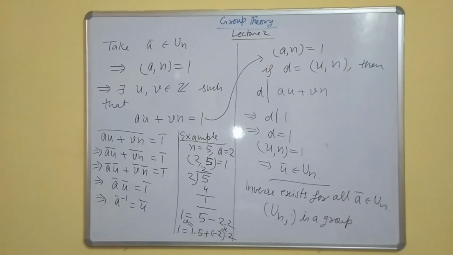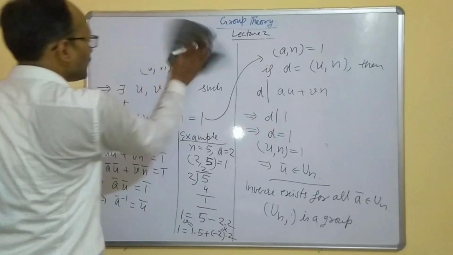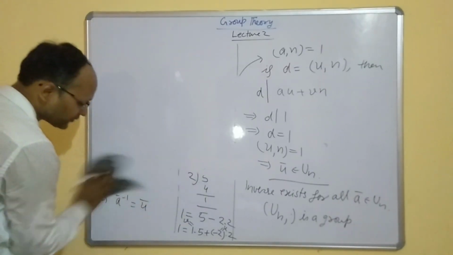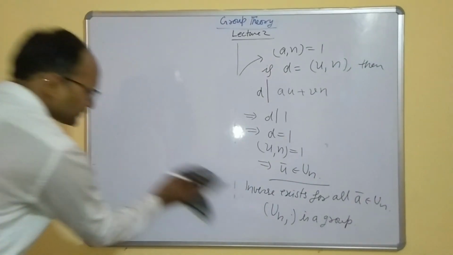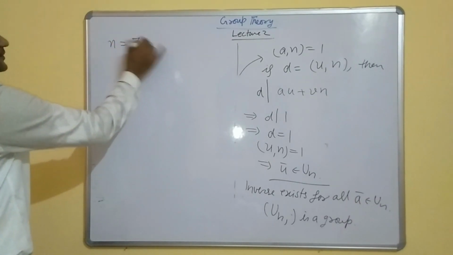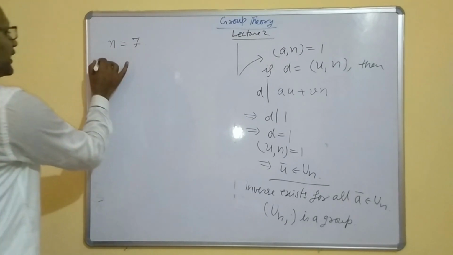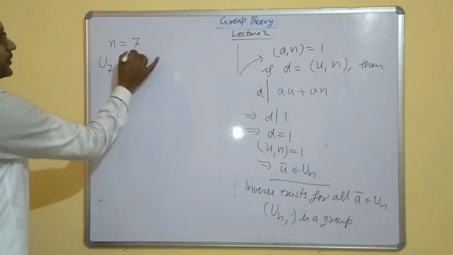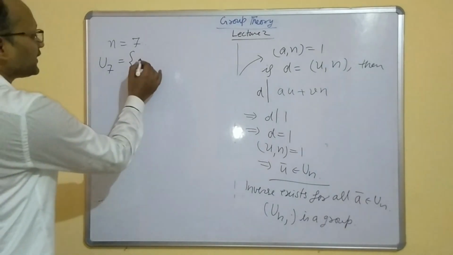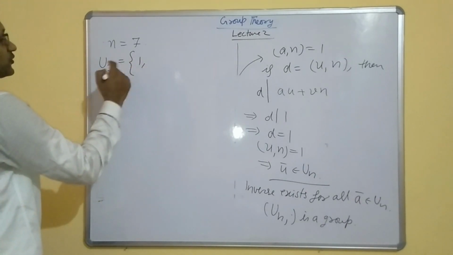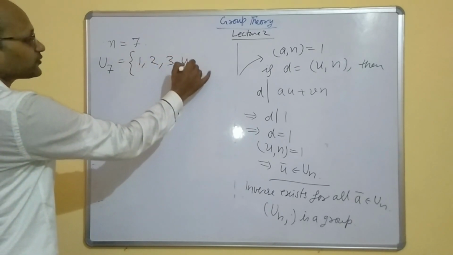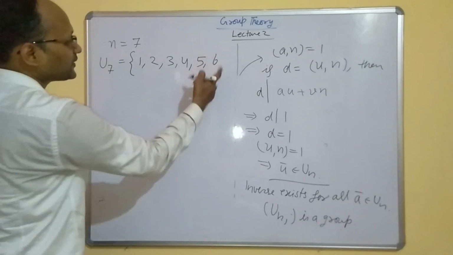Let me give some more examples of Un. Suppose I take n is equal to 7. So I am talking about U7. How many elements does this U7 have? You can see 1 is co-prime to 7, 2 is co-prime to 7, 3 is co-prime to 7, 4 is co-prime, 5 is co-prime, 6 is co-prime.